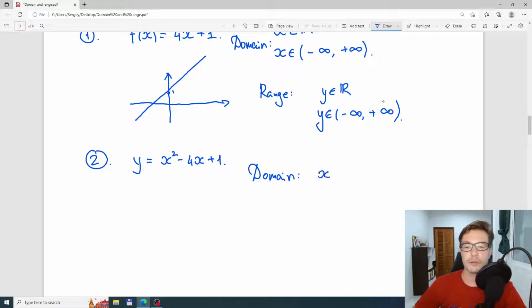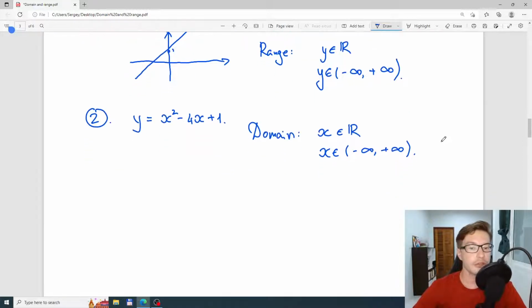So domain would be x is any real number, or we could write it as x is from minus infinity to plus infinity. What about the range? We have to draw a sketch again. Quadratic function is going to look like a U shape.